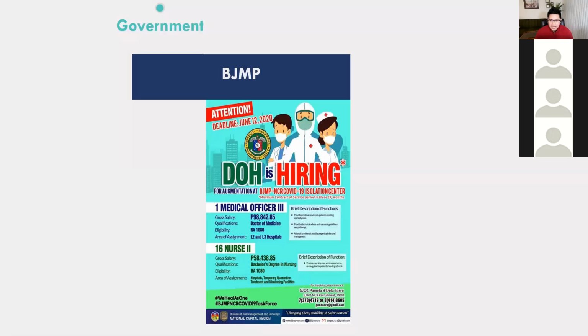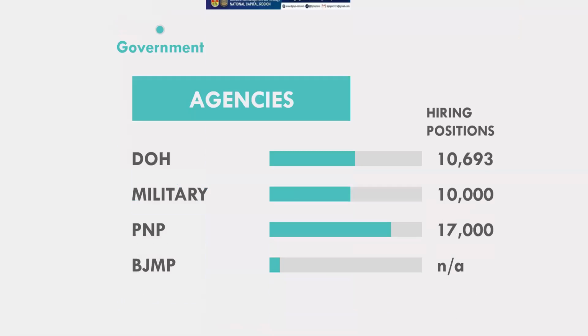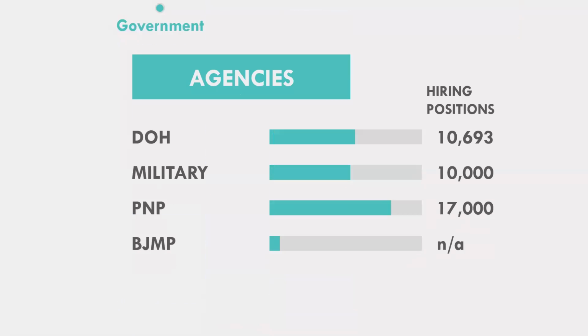I assume when we say Nurse 2, you need nursing experience to apply for this nursing position, so it's not ideal for new graduate nurses and new RNs. So that's some of the government agencies that you can apply to.